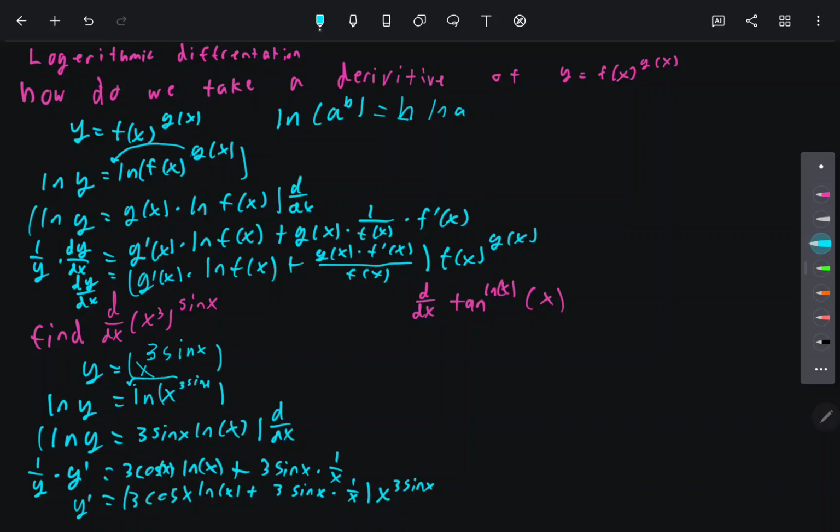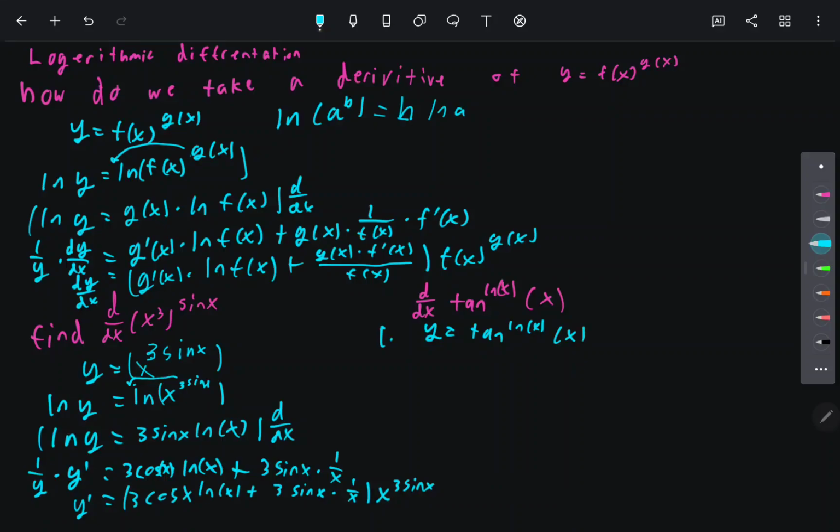Now we got another problem here that we need to work through. So we have the derivative of tangent to the natural log of x. So this is going to be very logarithmic-y. So let's see what we're going to do. We're going to start by setting this equal to y. So y is equal to tangent to the natural log of x.